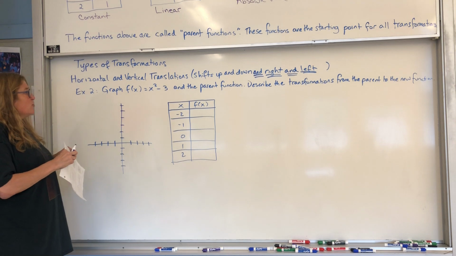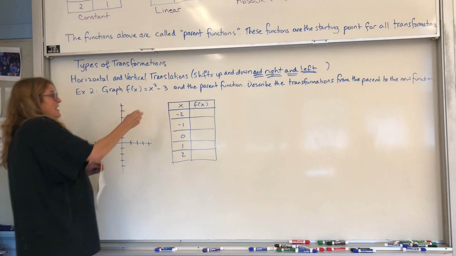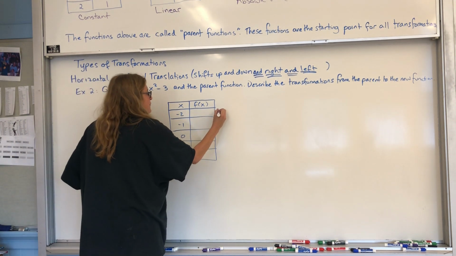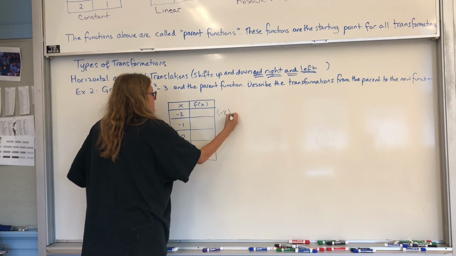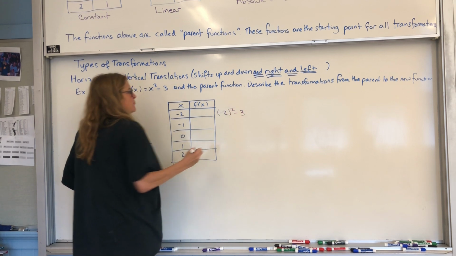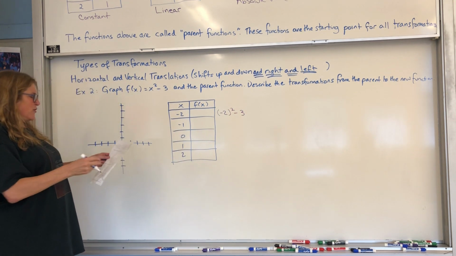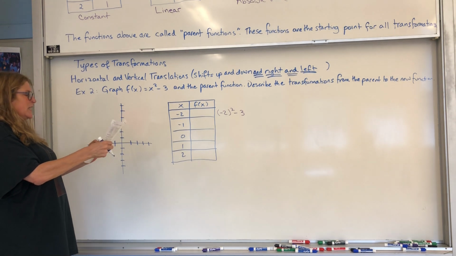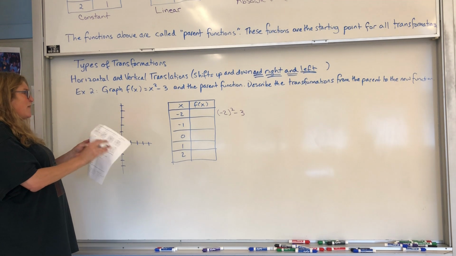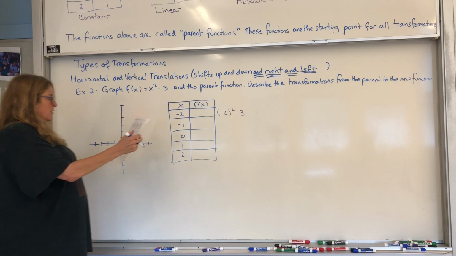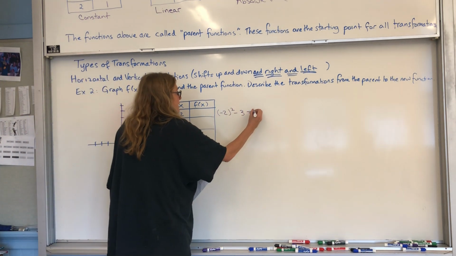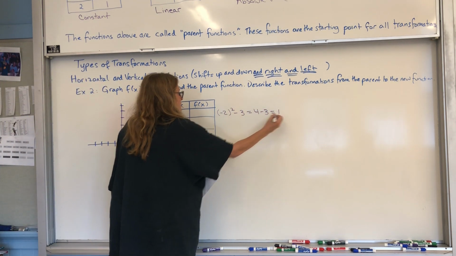So I'm just going to plug in these x values, and I'm going to do the first one, and then I'm just going to fill in the rest because I figure you guys can do the arithmetic here. So if I have f of x equals x squared minus 3, that's going to be 4 minus 3, which is 1.